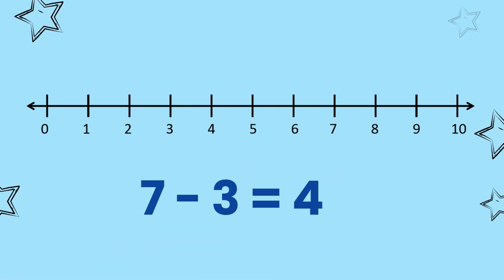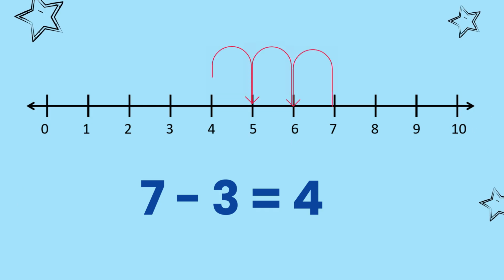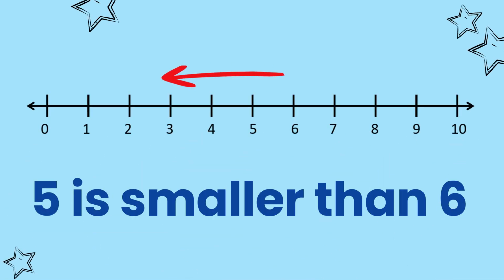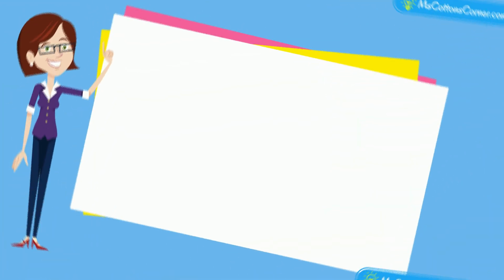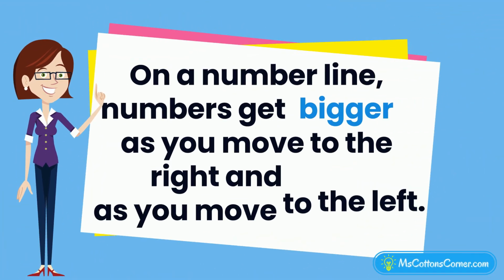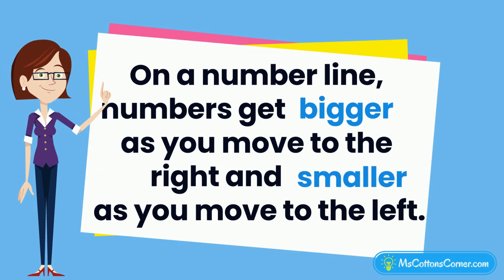You might have subtracted on a number line by hopping backwards, like this. That helped you learn that numbers get smaller as you move to the left. On a number line, numbers get bigger as you move to the right and smaller as you move to the left.